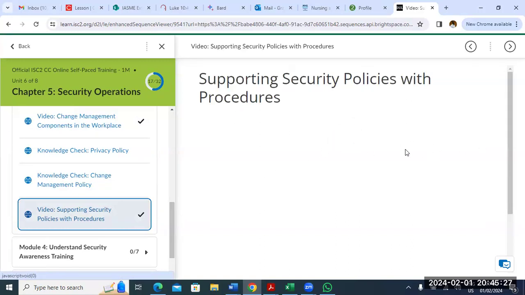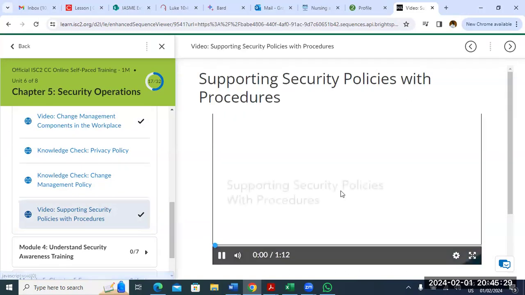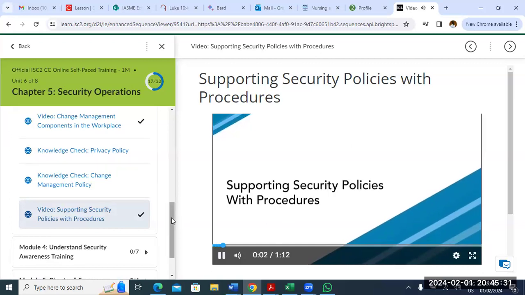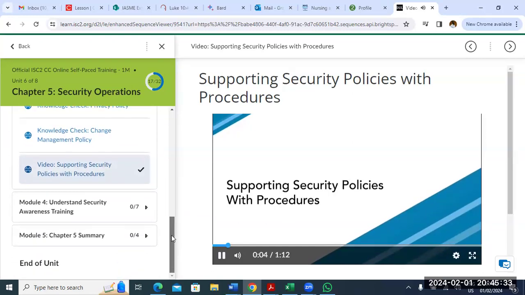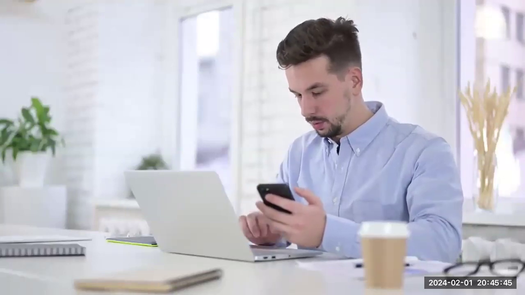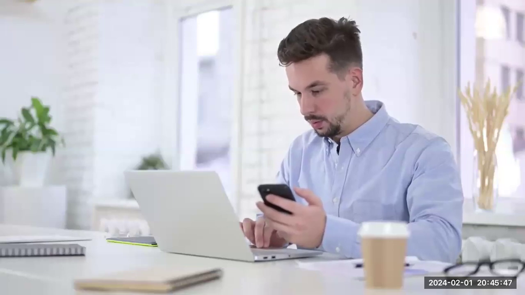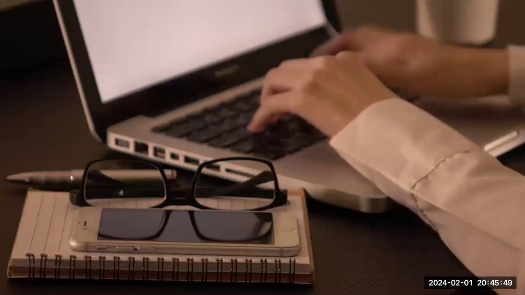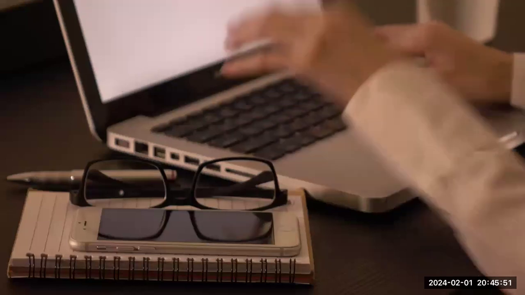Supporting security policy with procedure. Different organizations will have different goals for their acceptable use policies. Some organizations encourage employees to make wide personal use of the organization's IT assets to improve morale and reduce interruptions between the user's personal life and work.